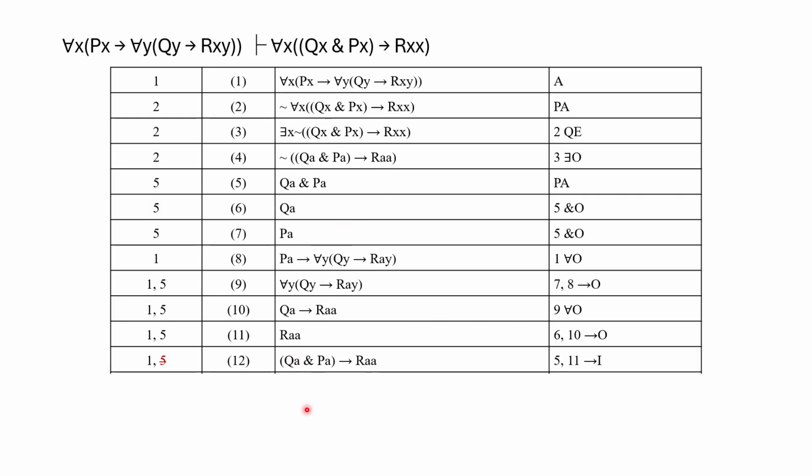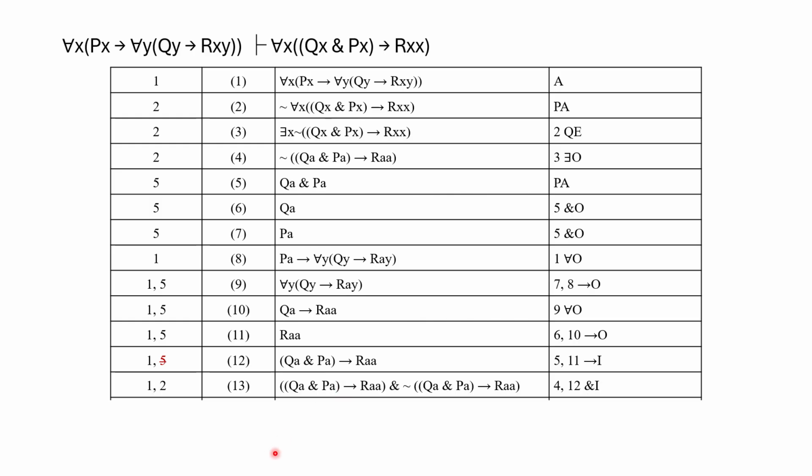So we can build the arrow that we were looking for here from 5 and 11, arrow in, drop out the 5 associated with our PA. Now we can build our contradiction. It looks very complex and monstrous, but it's really just here's the one that we just built, and then here's the one in which we got from doing our quantifier exchange and then our existential out rule.